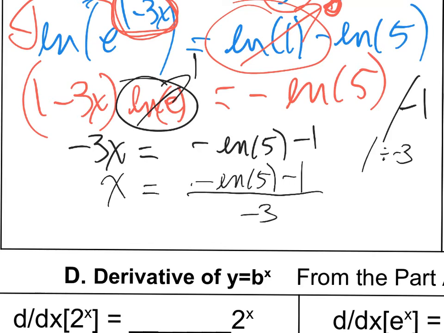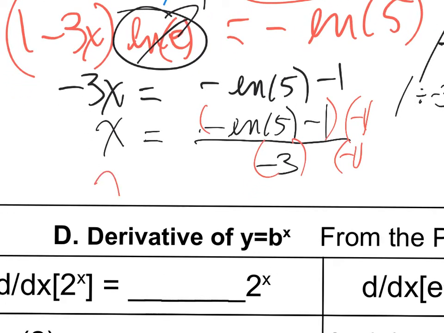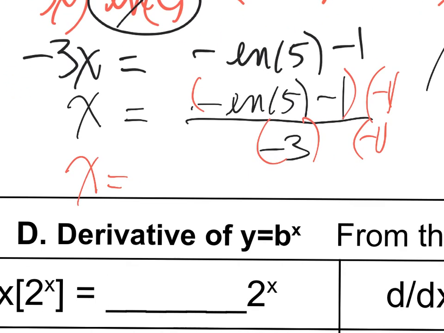Now, I notice all of the terms in that quotient are negative, so I can multiply the top and the bottom by negative 1. You don't change anything if you multiply the top and the bottom by the same thing. So x then ends up equaling ln of 5 plus 1 over 3.